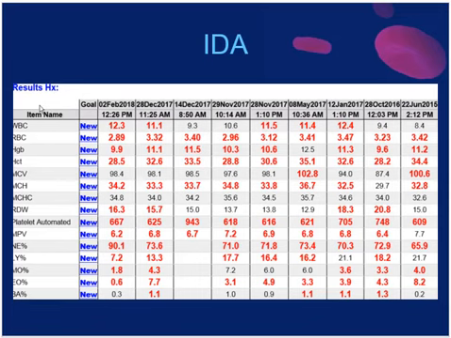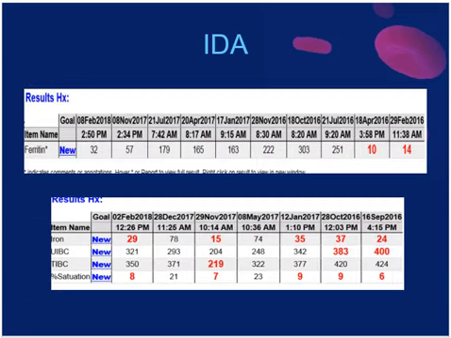This next slide has some ferritin levels and some iron levels, and if we go over and look at back in February 2016, you can see that their ferritin, which is the stored iron, was low.